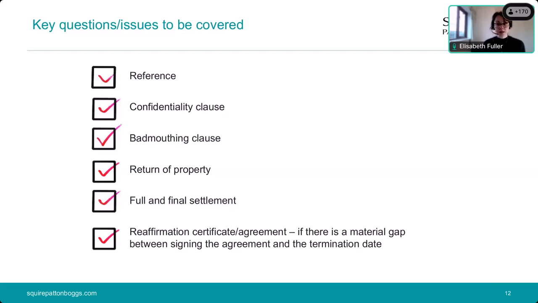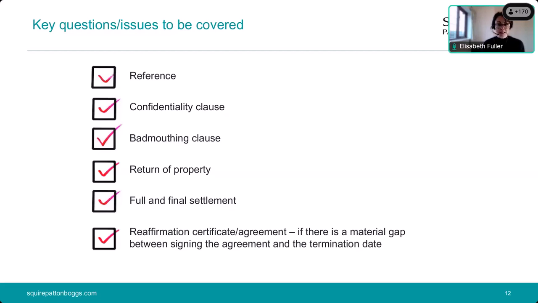It is usual to expressly exclude from any waiver of claims any potential claim that an employee might have for accrued pension rights or for personal injury arising from matters that aren't known to the employee at the time that they sign their settlement agreement. So they're the usual carve-outs that you would be including.